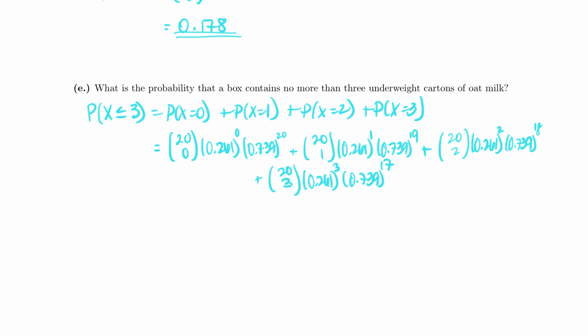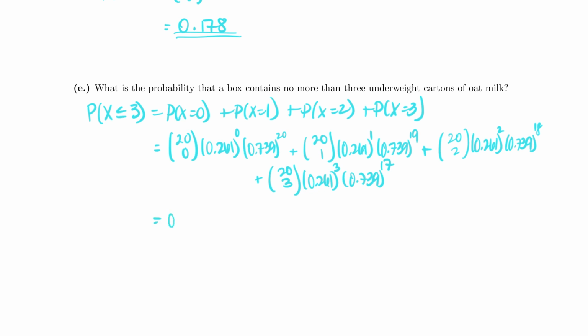So again, remember, your number of successes is given in the formula by 20 choose the number of successes x. So that's our first exponent. The second exponent is whatever is remaining. Those two exponents have to add up to n.